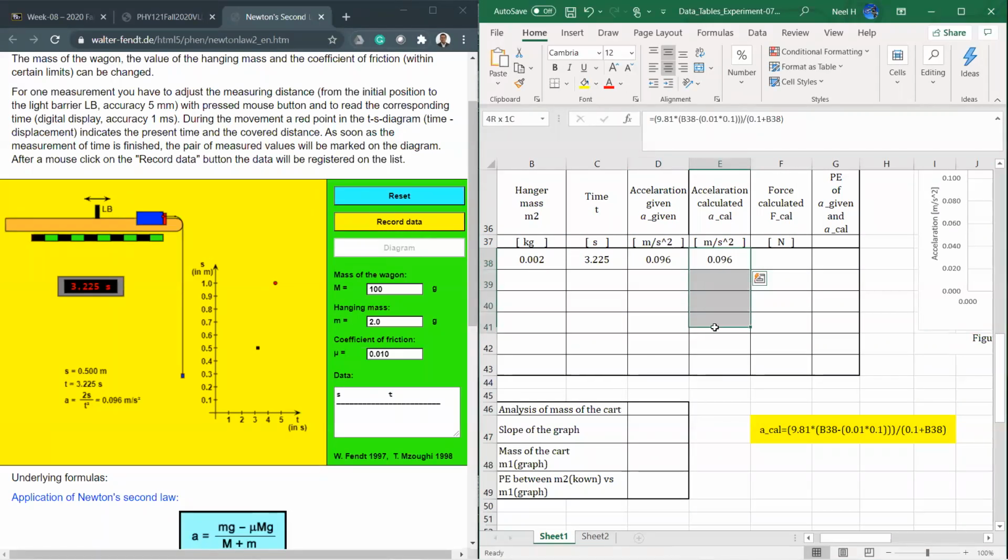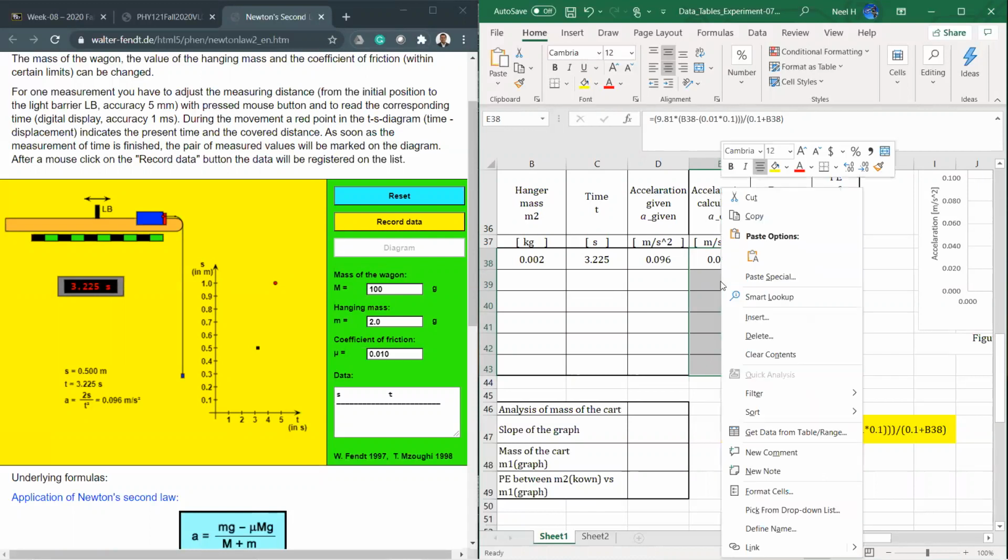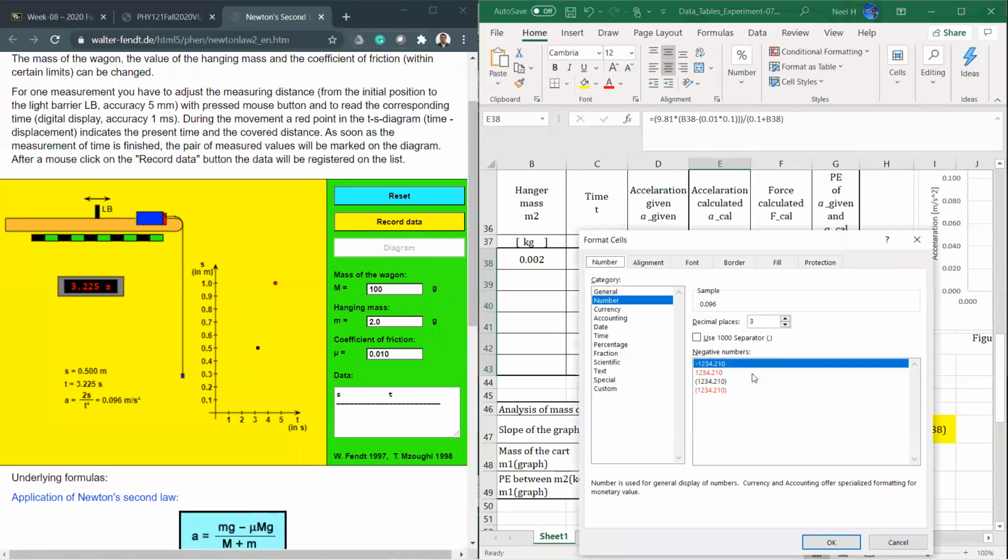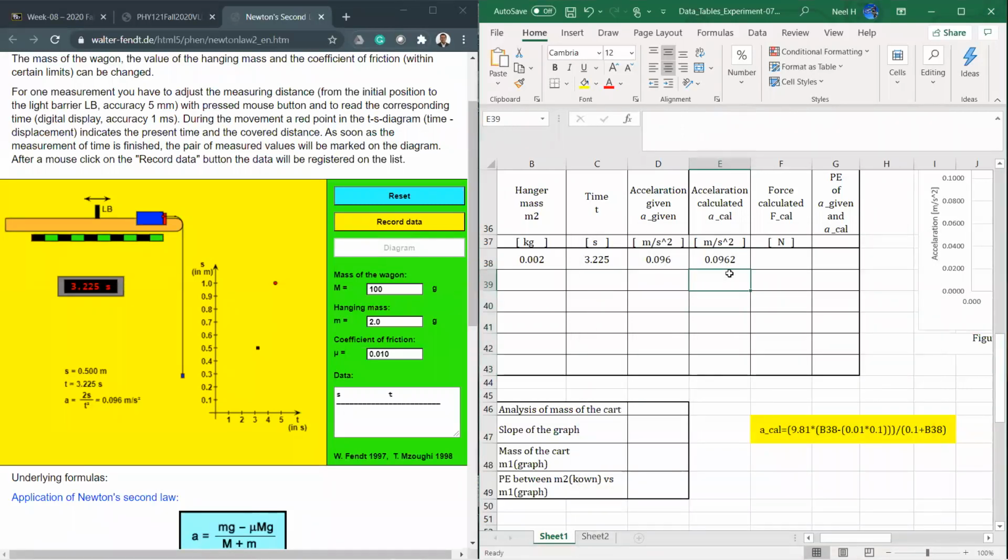We can highlight this column E on table 2, right click, format cells, and increase decimal places to 4 to see whether I get at least a little bit different number. Now we have a very small difference at about the 4th decimal place.